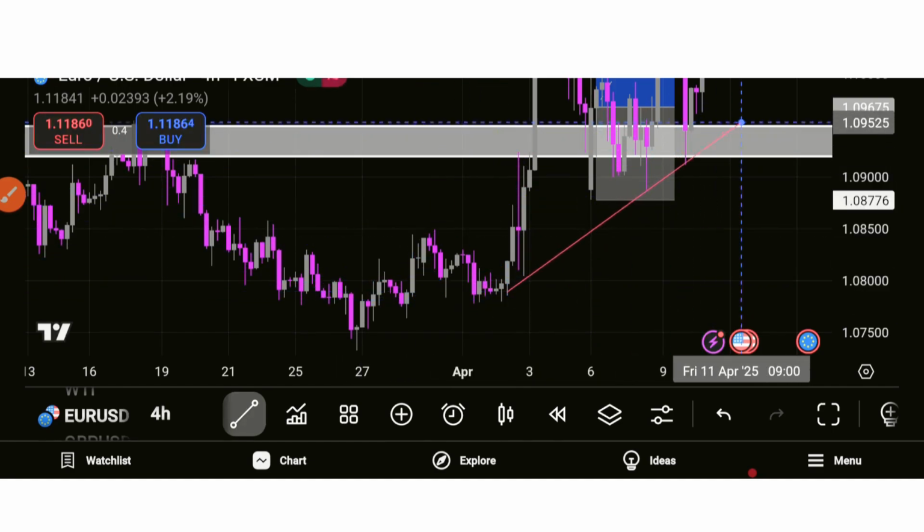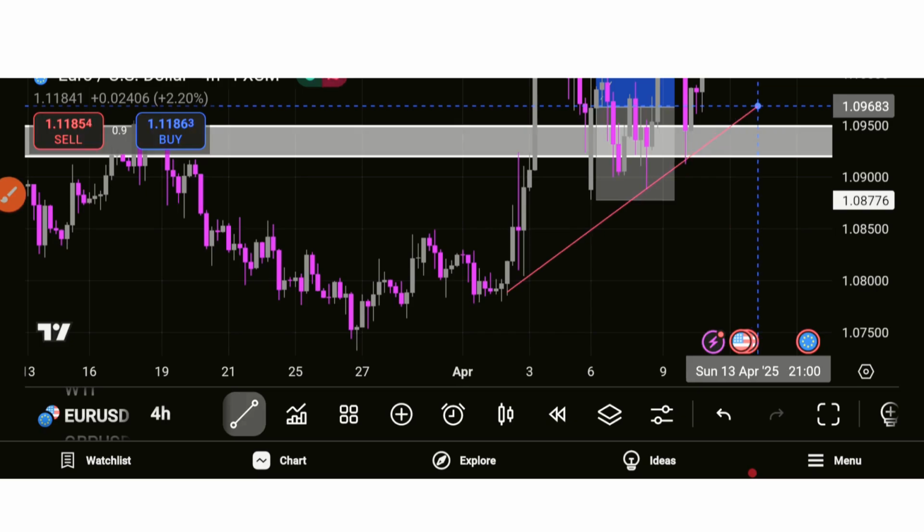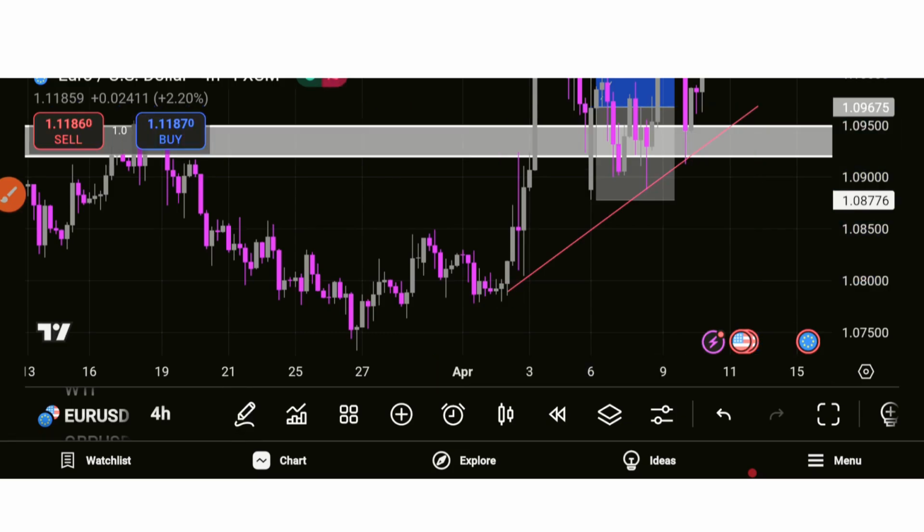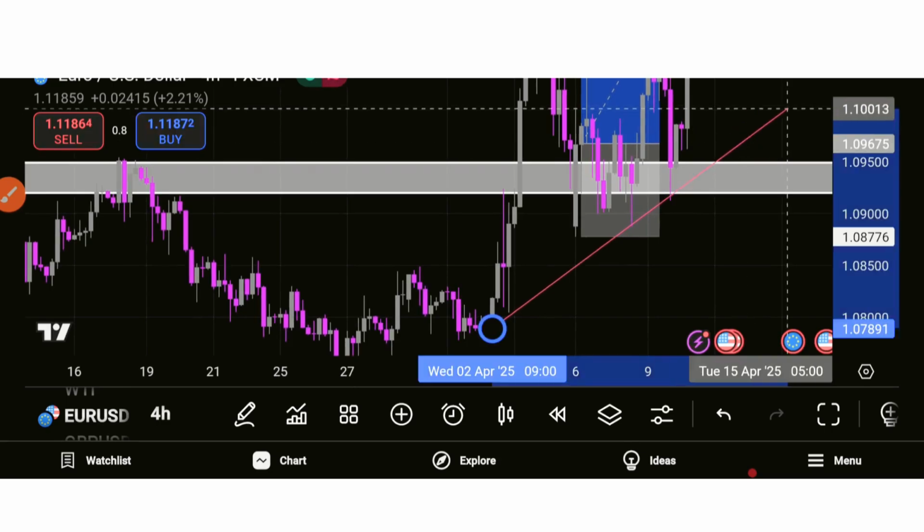You can see, I don't usually draw trend lines unless I can see it will actually hold or be valid, and if I do, it's mostly on the higher time frames, right? So we can see over here, this is something I didn't even take notice of.